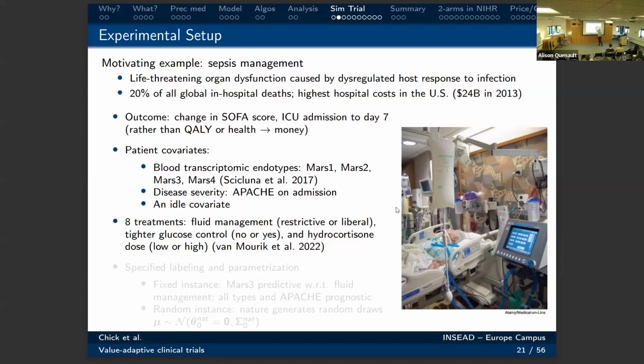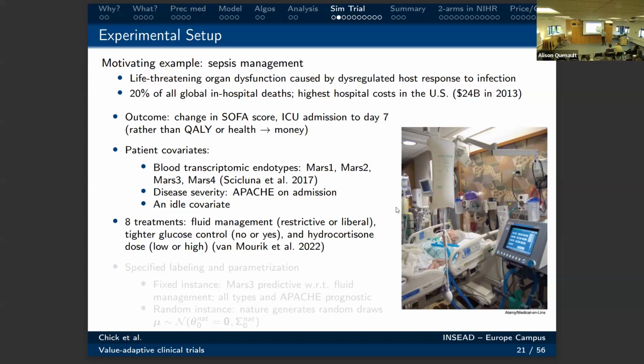Our covariates will be those of belief. So they took a very large amount of data from blood typing from about 500 or so patients, and Brendan Skikluna and the colleagues in Amsterdam identified through cluster analysis these 4 endotypes. They also had some data around disease severity in general, other comorbidities.